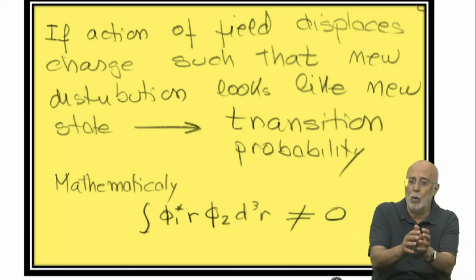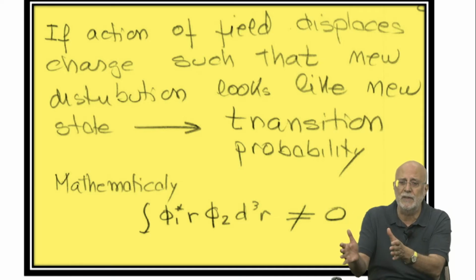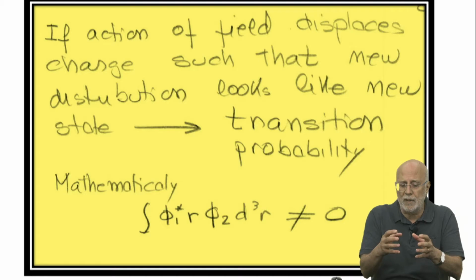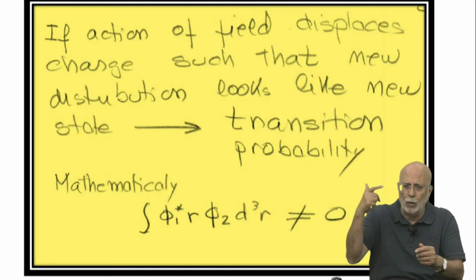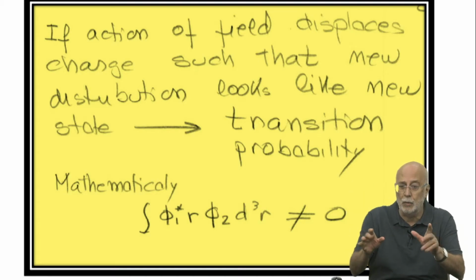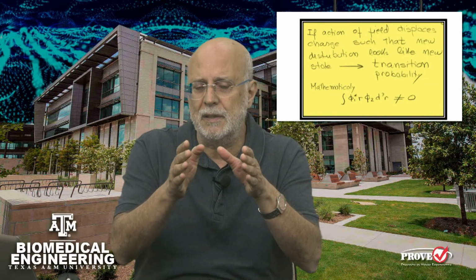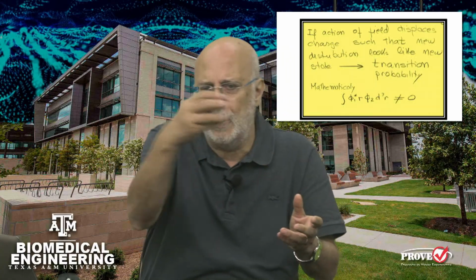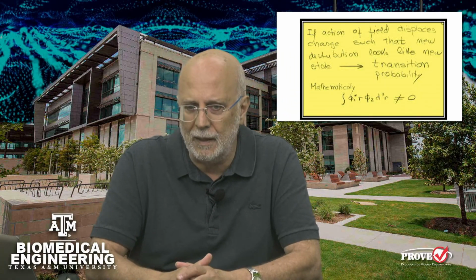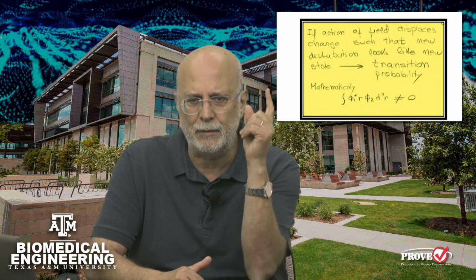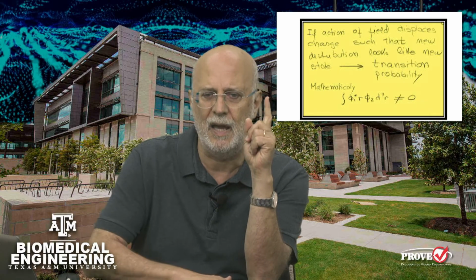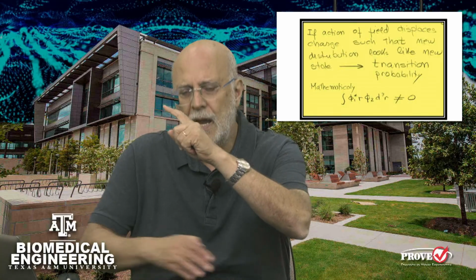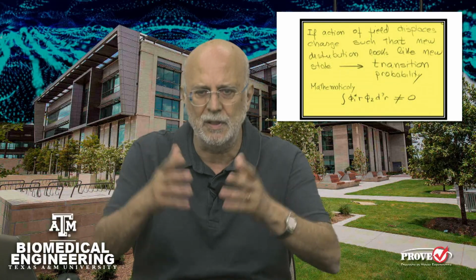You do a mathematical operation that represents some physical interaction. And here, what we're doing is displacing orbital 1. If it looks like the orbital 2, this integral will be non-zero, which means that this is like I'm projecting with the interaction the state 1 onto state 2. So like a vector that was orthogonal to the x-axis, and now I start to tilt it. So it means that it has projection on both axes. So this is what's happening here.